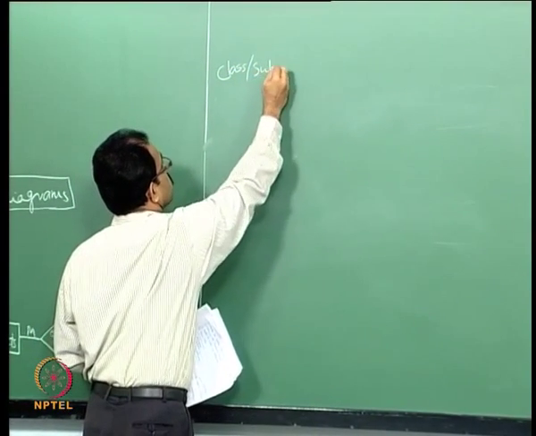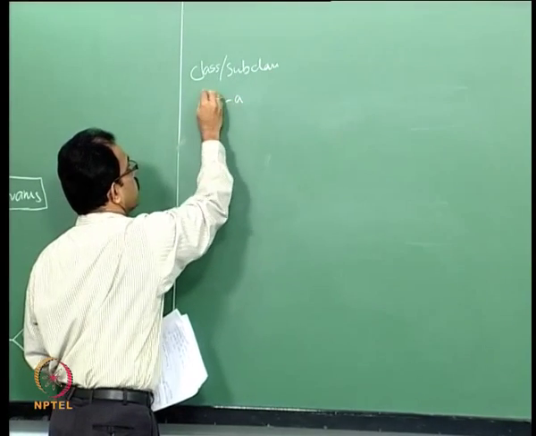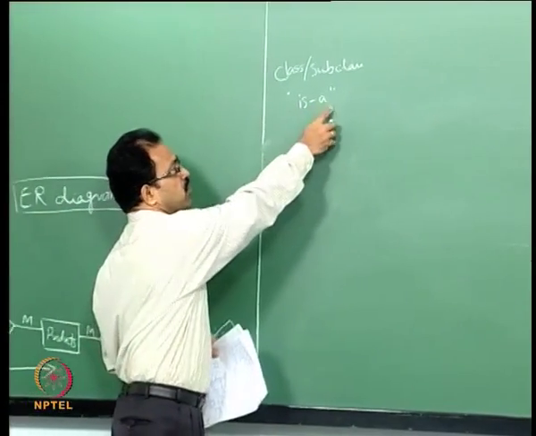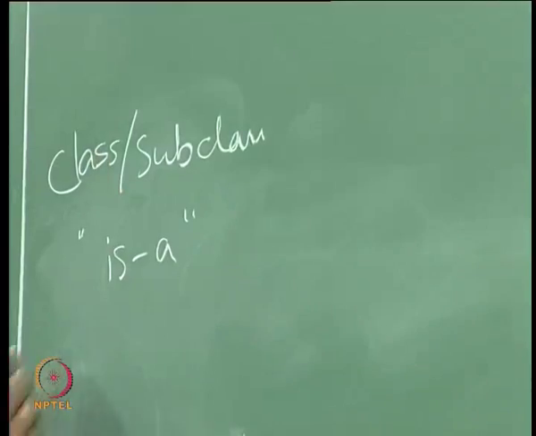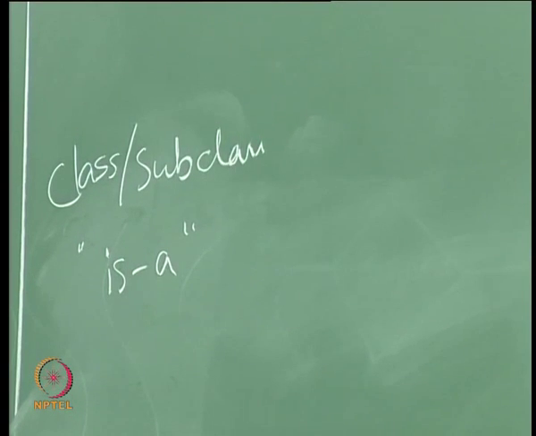Class subclass relationships are represented using a term called is-a relationship. So, a subset is represented as is a subset of the other one. This is how we represent the subclasses in complex ER diagrams.